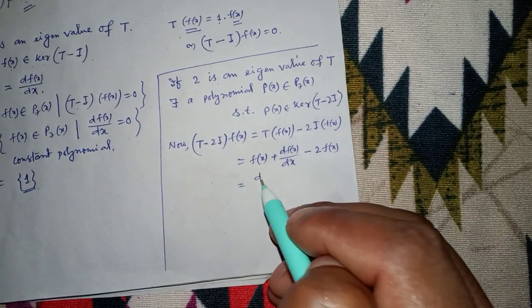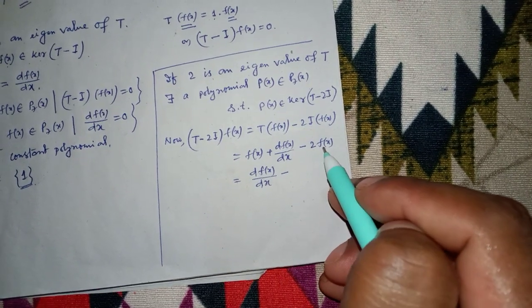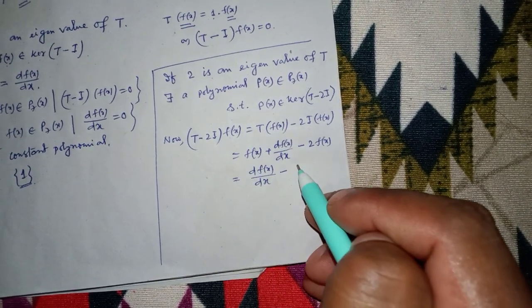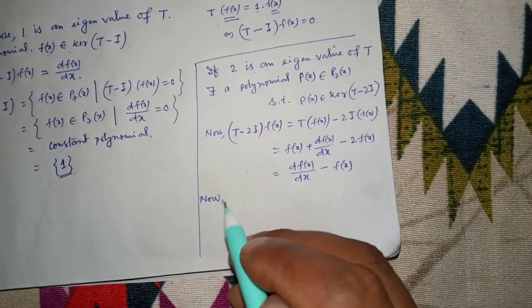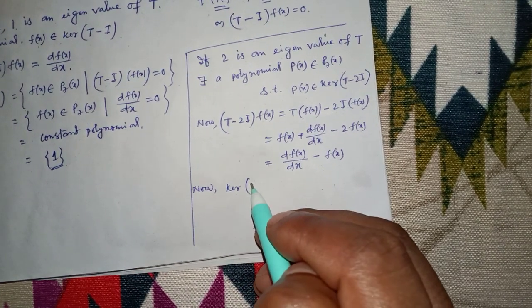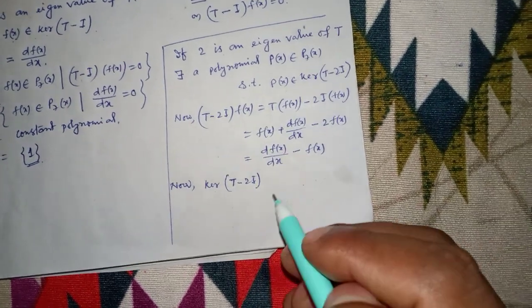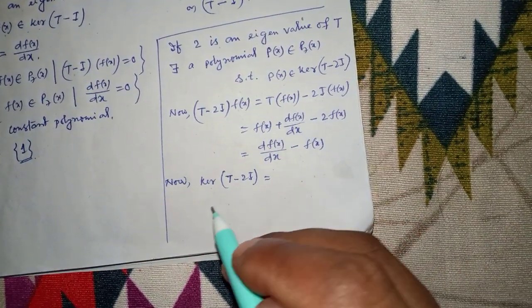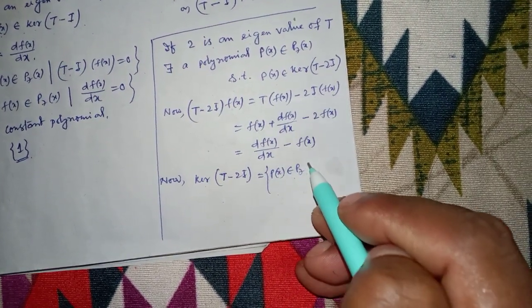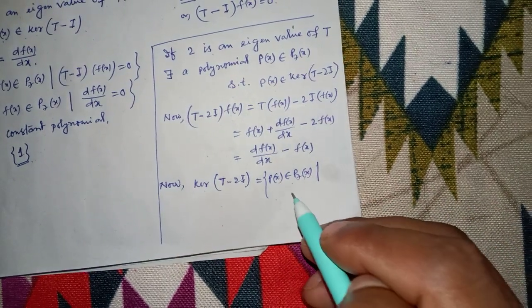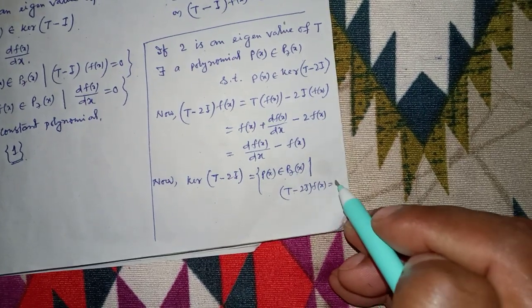So this is equal to df(x)/dx minus f(x). Now kernel of T − 2I is equal to {p(x) belongs to P7(x) such that (T − 2I) f(x) is equal to 0}.